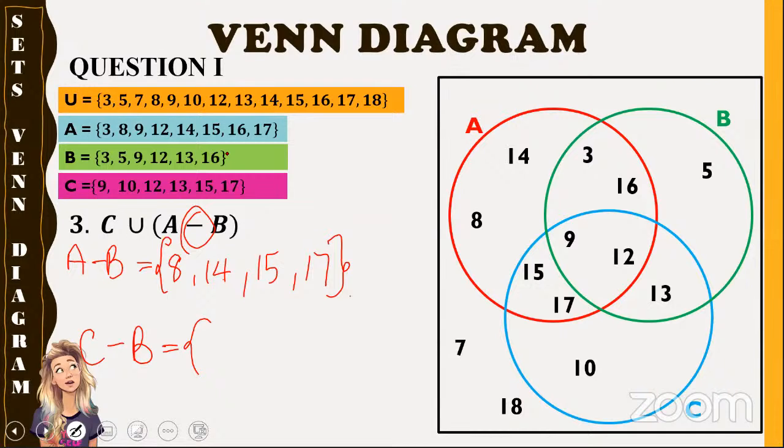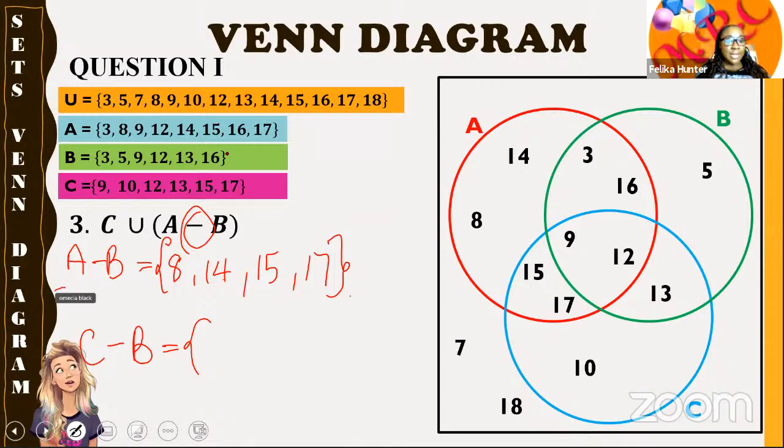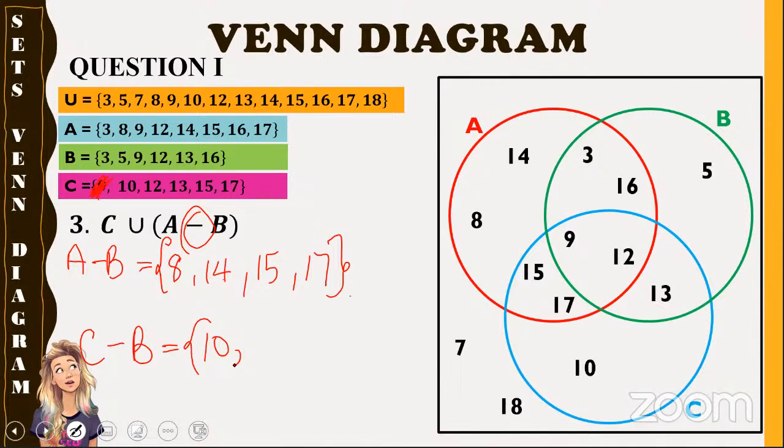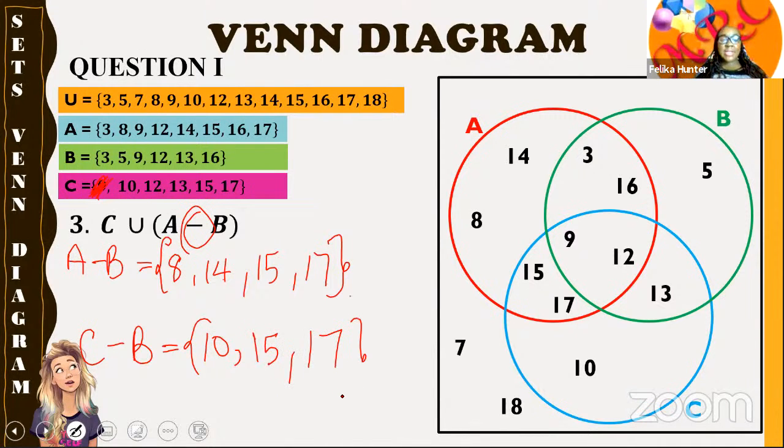10. So yeah, we're going to look at it now. It says C minus B. So when I go, yes, 10 would be left because 9 belongs to B. What else would be left? Yes, so in C, the first set, 10, 15, and 17.